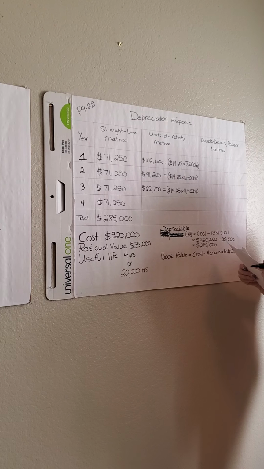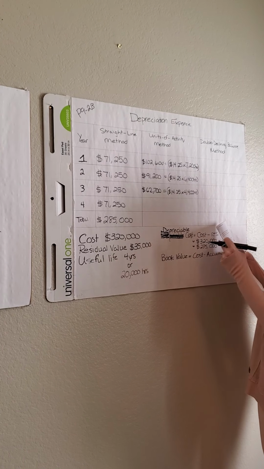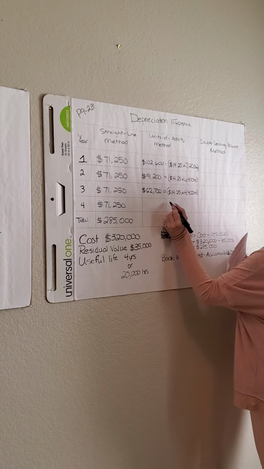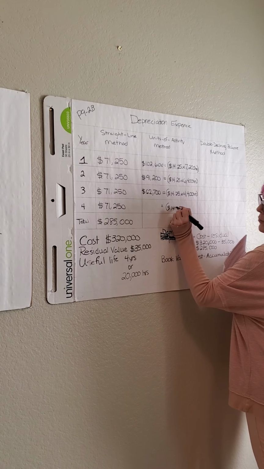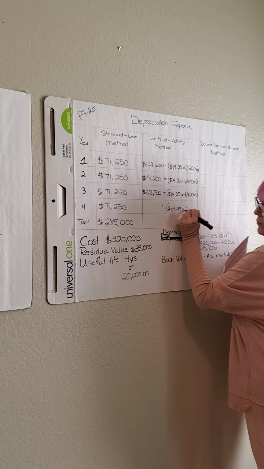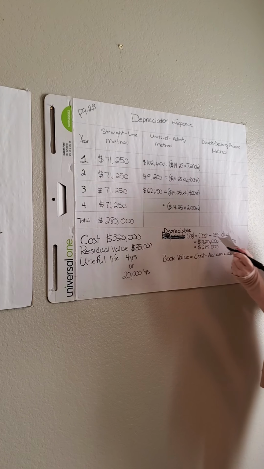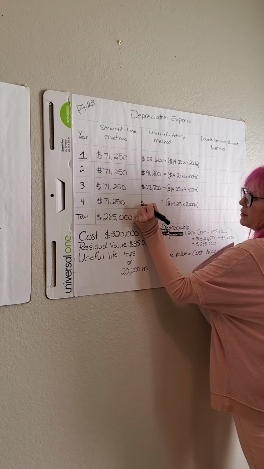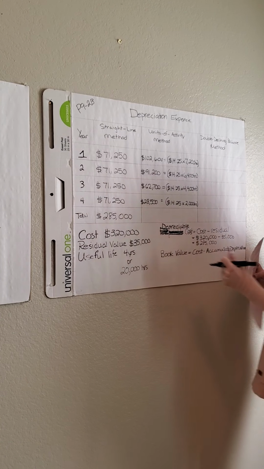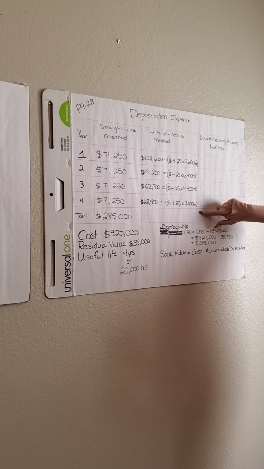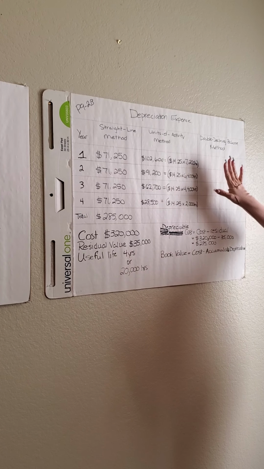And then in year four, the company used 2,000 hours. And that is a total of $28,500. And in this situation, we used all the 20,000 hours up in that 4 years, but that might not be the case.